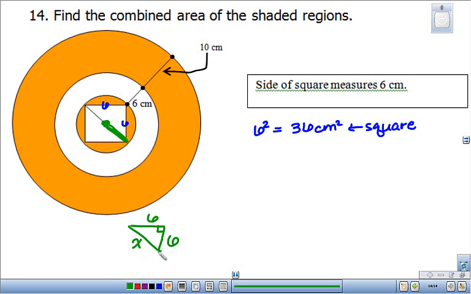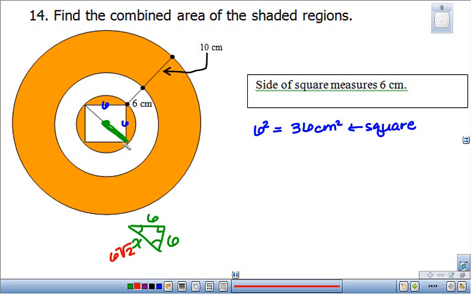You can do the Pythagorean theorem, special right triangles, or trig, because we know these are 45-degree angles since it was a square. The quickest is if you remember your special right triangles: this would be 6 square root of 2, because those are the formulas for special right triangles. And that's all the way across.